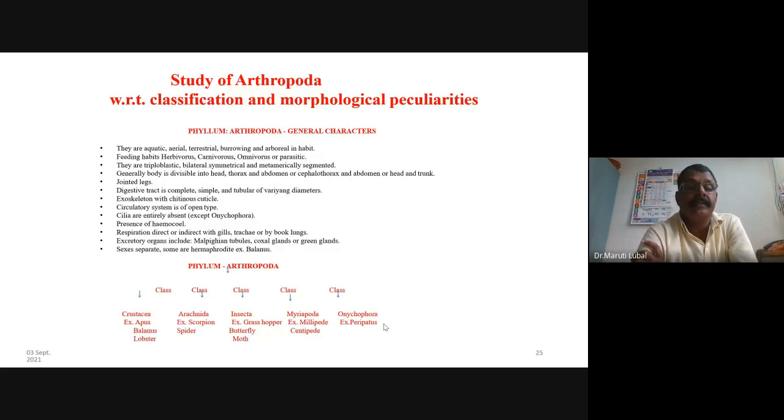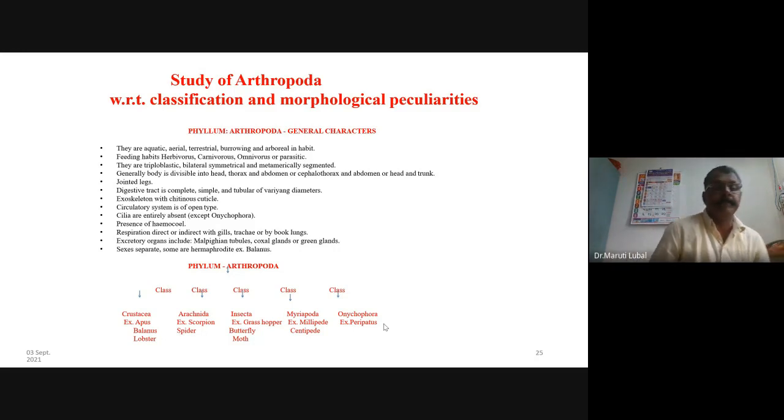Feeding habits: herbivorous, carnivorous, as well as omnivorous, or also parasitic. They are triploblastic animals, bilaterally symmetrical and metamerically segmented. Generally, the body of arthropod animals is divided into head, thorax, and abdomen, or cephalothorax and abdomen, or head and trunk.